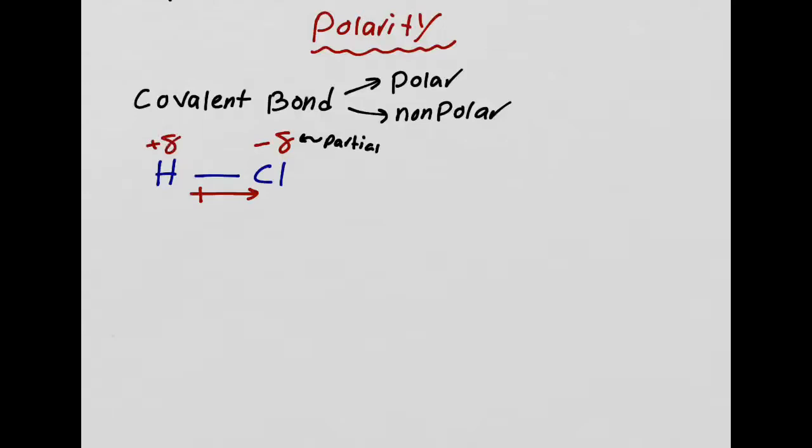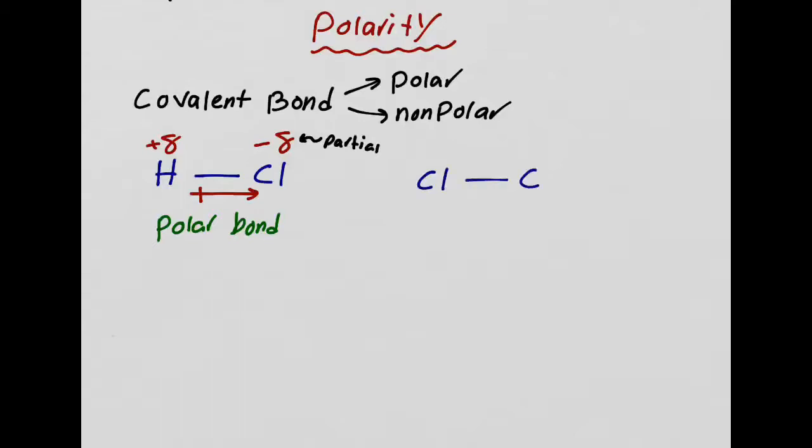It gets a partial positive. And if you remember what we said, what this means is electrons are not shared equally, and that's a polar bond. Polar bond is when the electrons are not shared equally, because Cl has more of the electron than hydrogen.